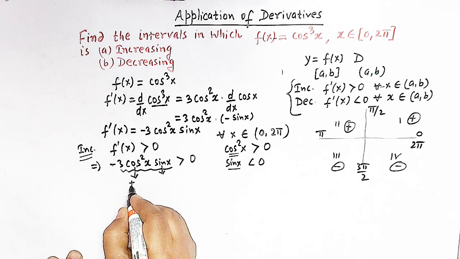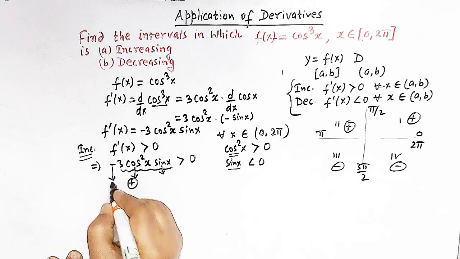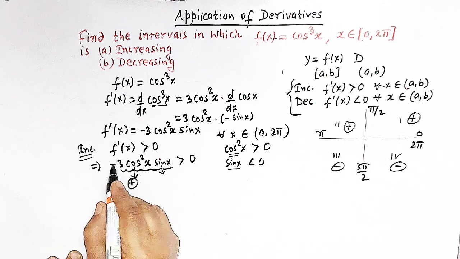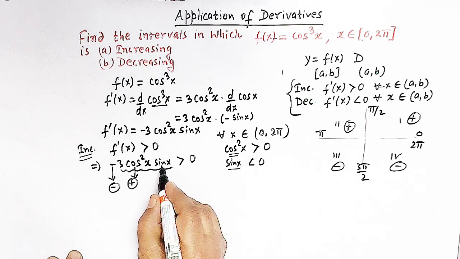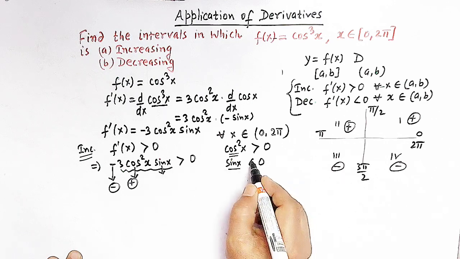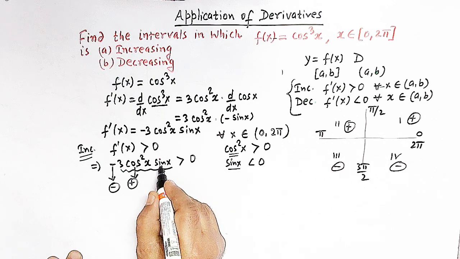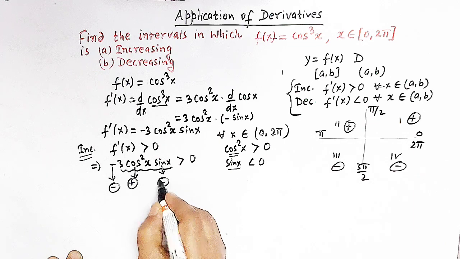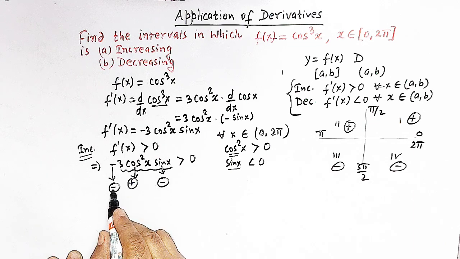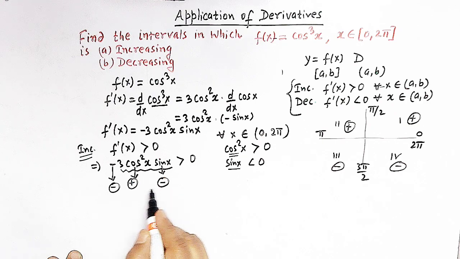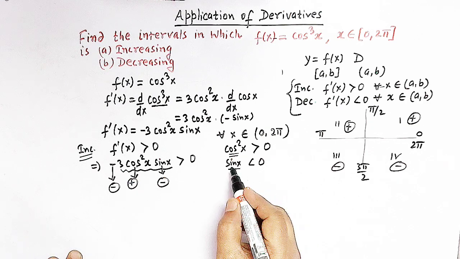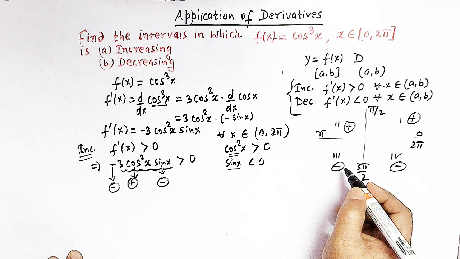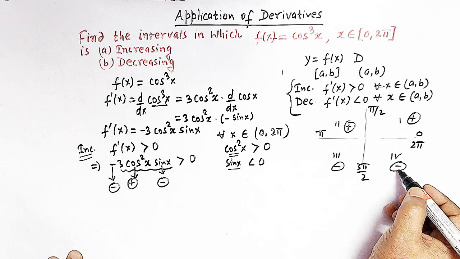So this term is positive, and here we have the negative sign, so it implies that sin x should be less than 0. So sin x should be negative, so that the product of this negative with this negative is positive, right? And sin x is less than 0 in the third and fourth quadrant.